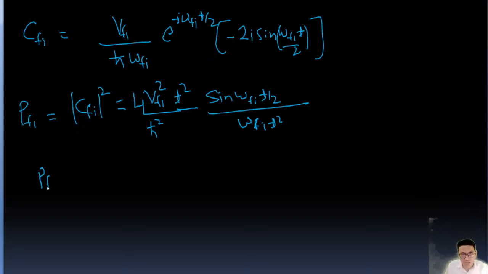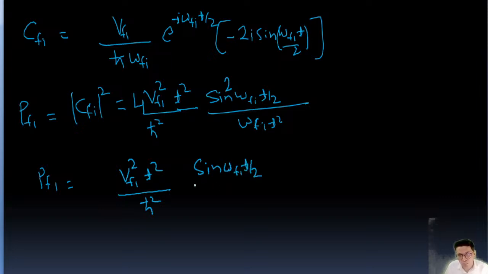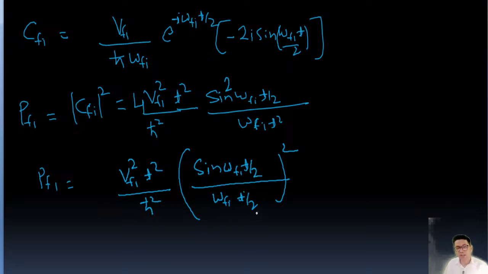Or we can write P_fi equal to |V_fi|² t² upon h cut square into sine square of omega fi t by 2 upon omega fi t by 2 whole square, because 4 we have taken in the denominator.